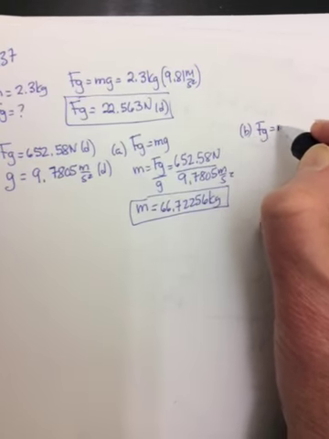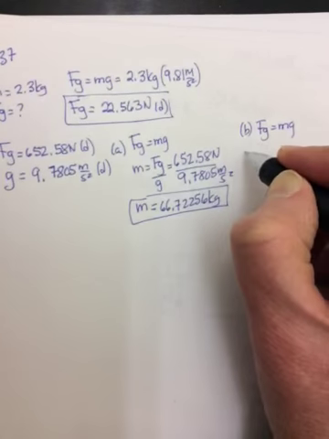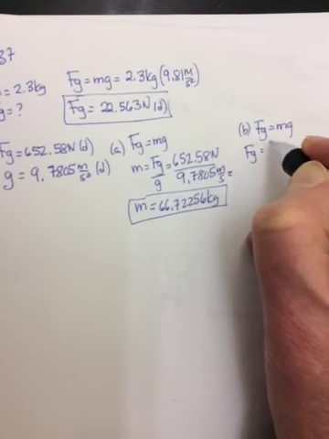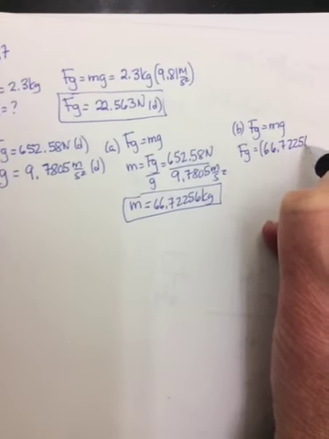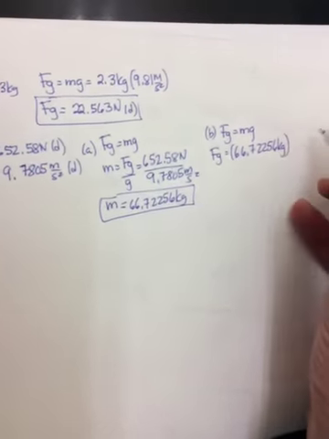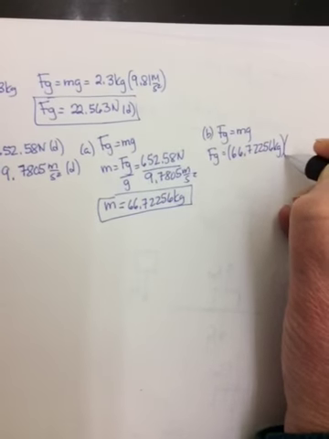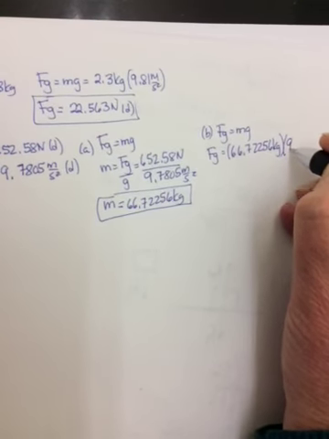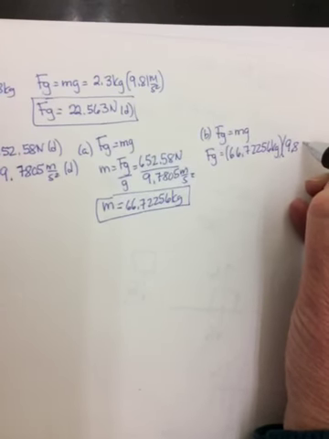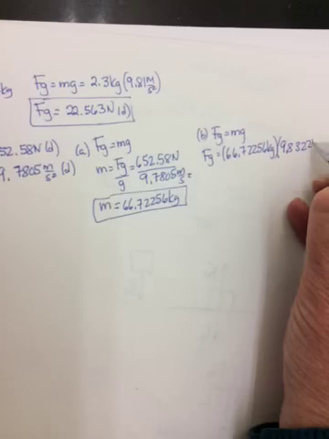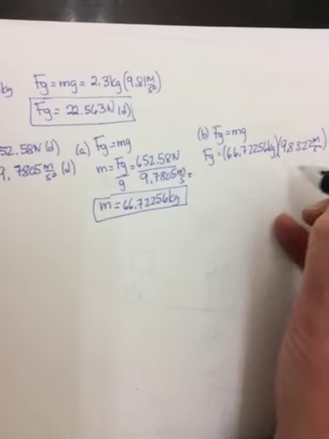So now you're looking for Fg, and you have your mass from part A. So your mass is 66.72256 kilograms. You go back to that chart on page 132, and you look up little g for the North Pole, and it's 9.8322 meters per second squared.